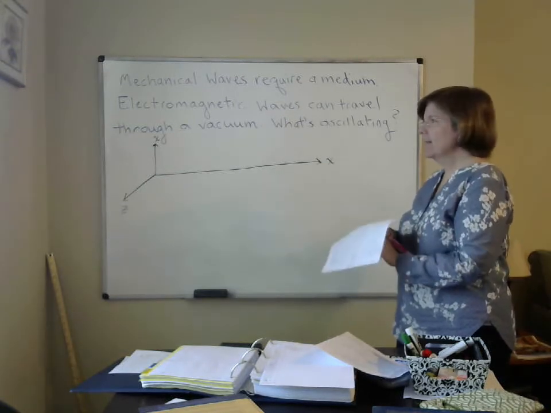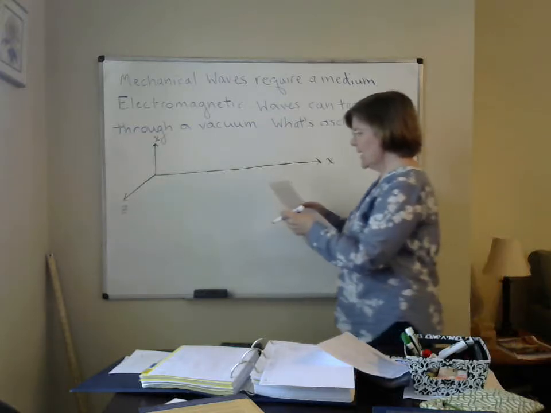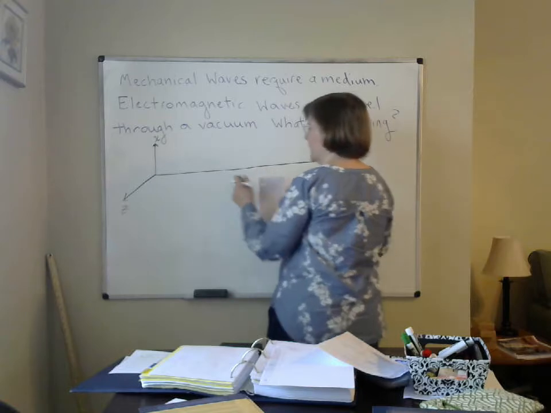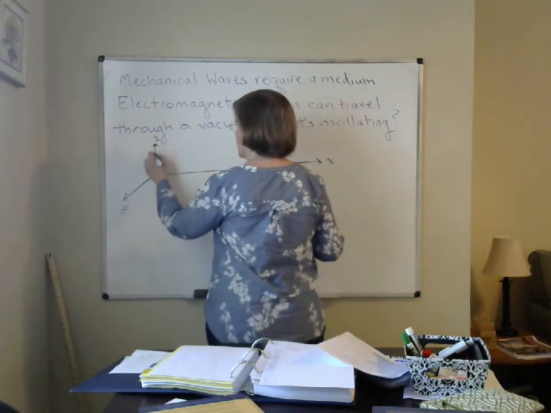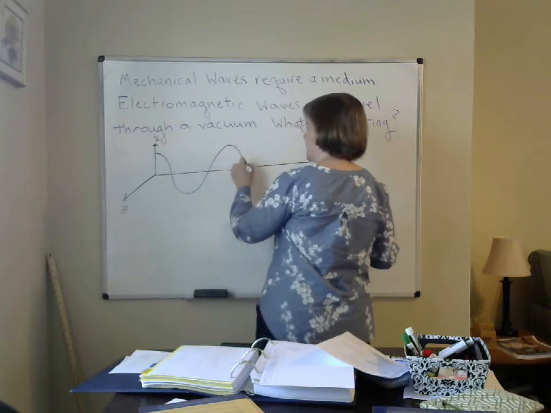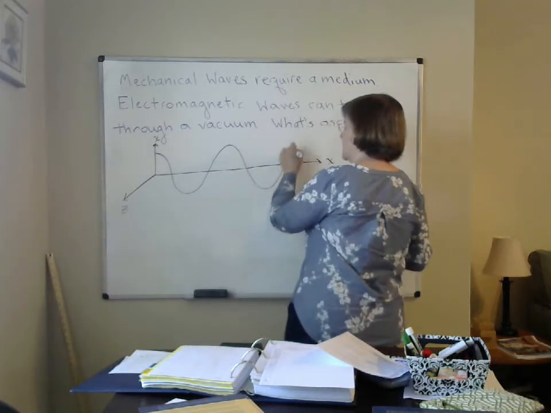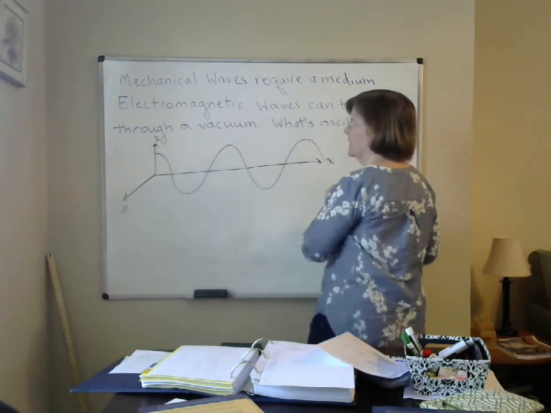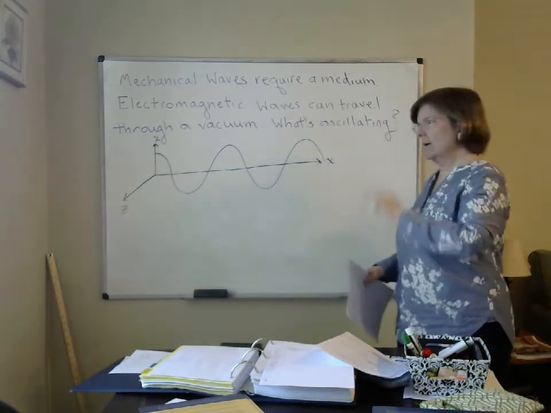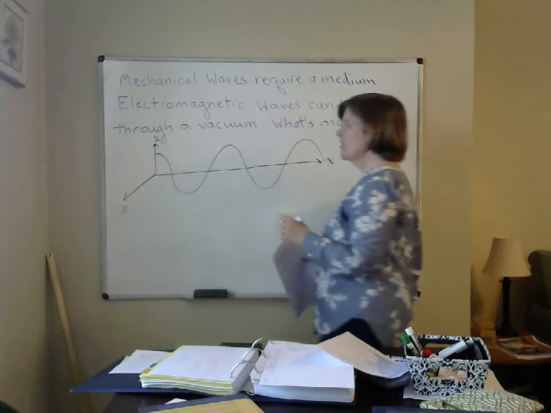So if I set up a situation where I have an electric field that's vibrating, it might look something like this. And you'll see that looks like what you think a wave should look like. Electromagnetic waves are transverse, and that's our electric field oscillating.